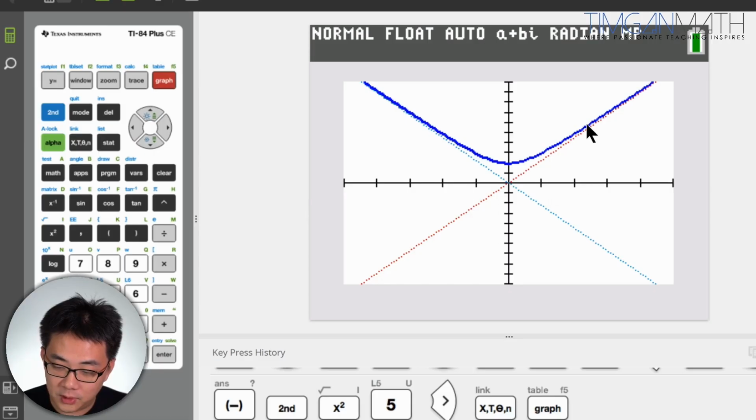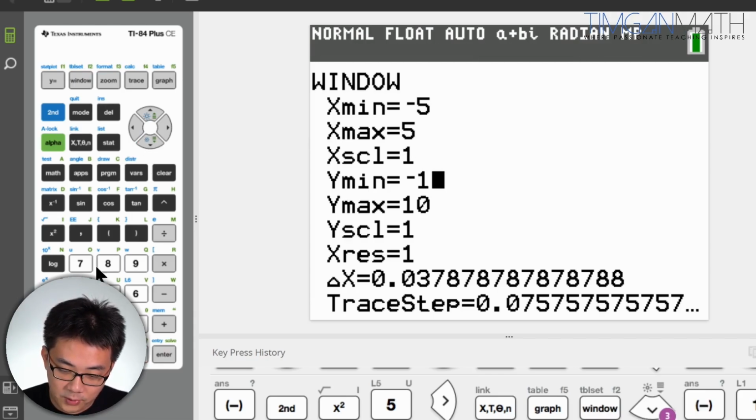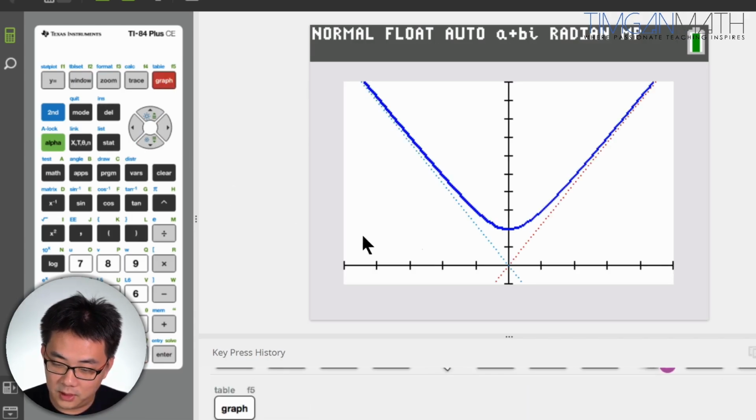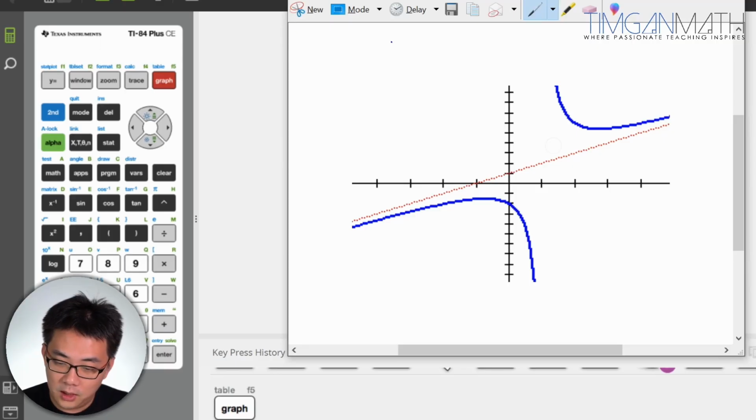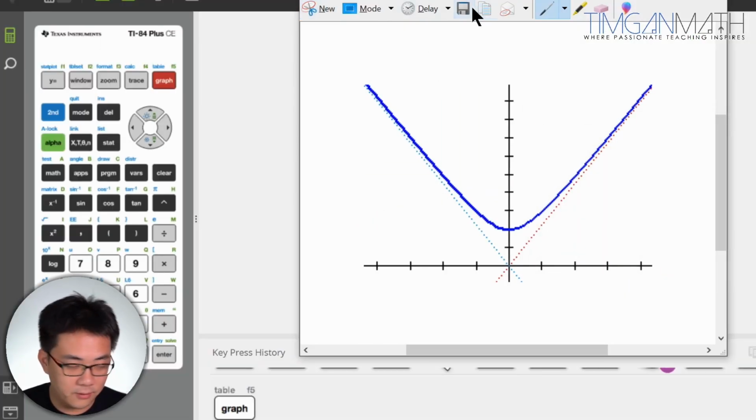That's the graph that you're looking at. Obviously, you can just adjust it so that it looks nicer. I'm going to put this as 1, and it looks like a graph like that. Okay, so I'm just going to put this down and label all the intercepts that I have.